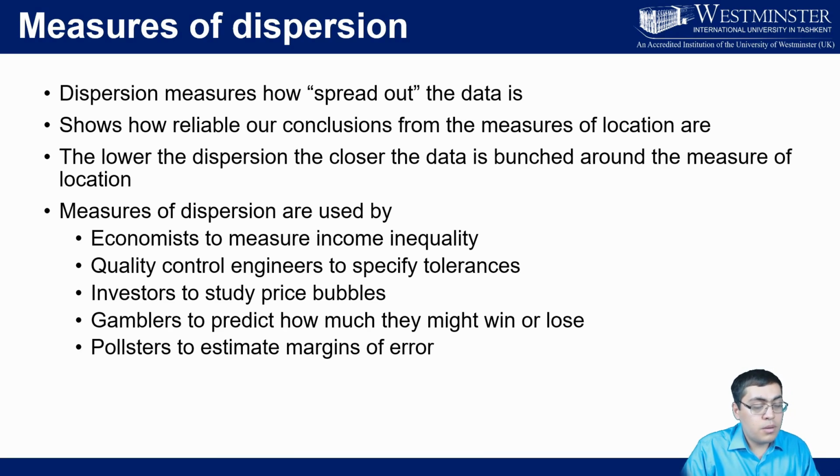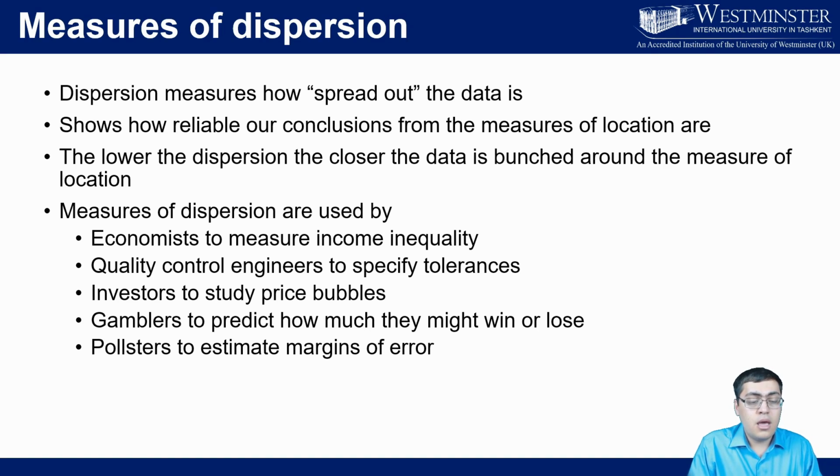So recall from the previous week that a measure of location or a measure of central tendency gives us the typical or most representative number we have from the dataset. However, that alone does not give us a complete picture of what's going on in the underlying data that we have. We might also be interested in how far away the other data points are from this measure of location.